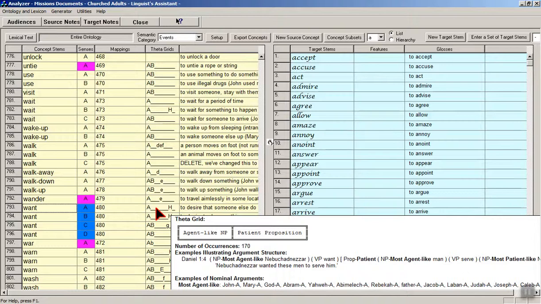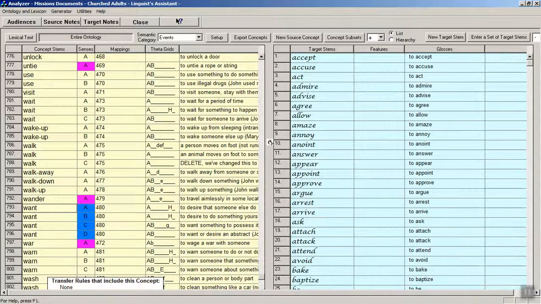Well, if you look down here just above that English sentence, it shows you Nebuchadnezzar want and then left bracket patient proposition, patient, so the men serve Nebuchadnezzar.